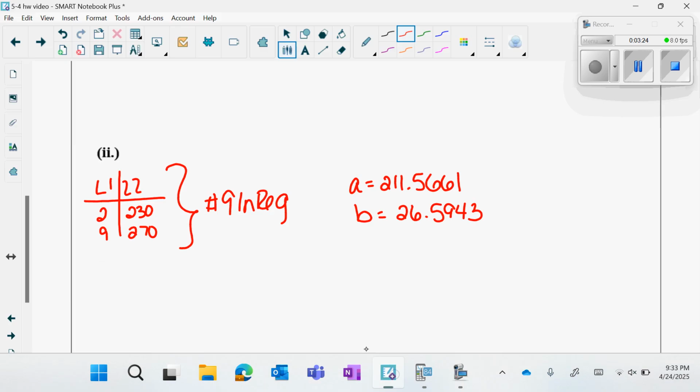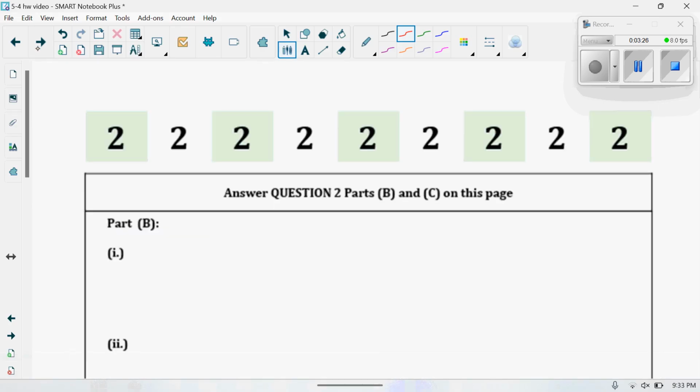The next part is always going to be an average rate of change. For this question, they're asking me to find the average rate of change between those two values they already gave me. Remember that average rate of change is always going to be y2 minus y1 over x2 minus x1. I'm using the values that they gave me, not the values in the regression equation.